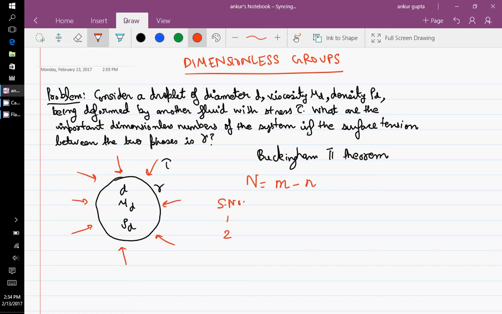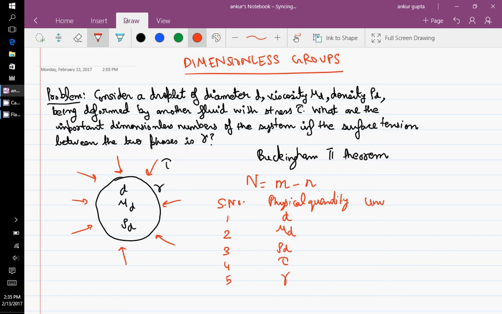We have been given 5 physical quantities here: diameter, viscosity, density, stress, and surface tension.